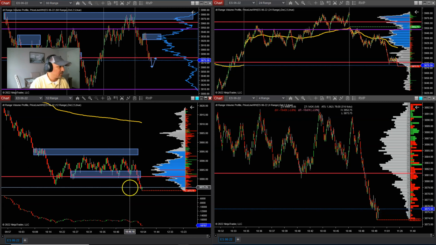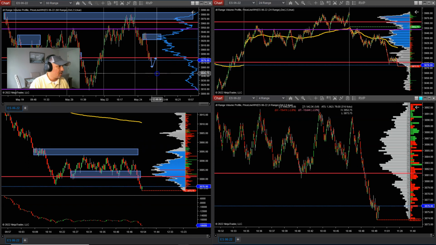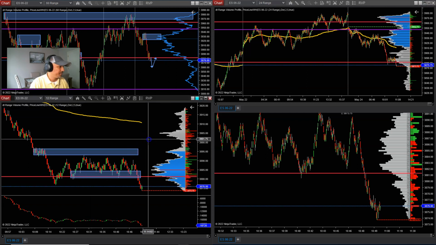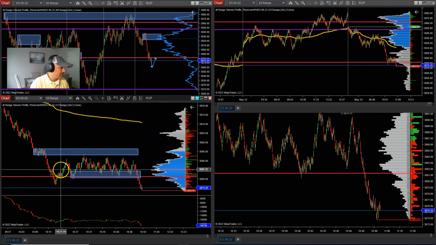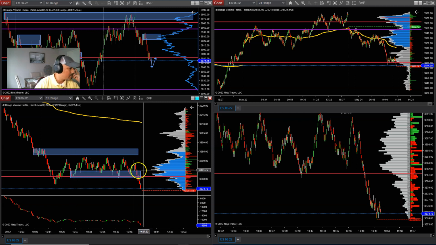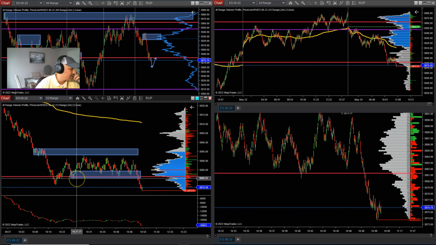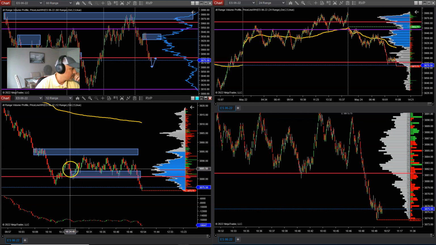76. So on the 12 range, it looks like it's broke down below that area, even if we trade off the 12 range. Let me see here. Yeah. So if we get a pullback on the 12 range, this here is resistance. But ultimately, let me see.